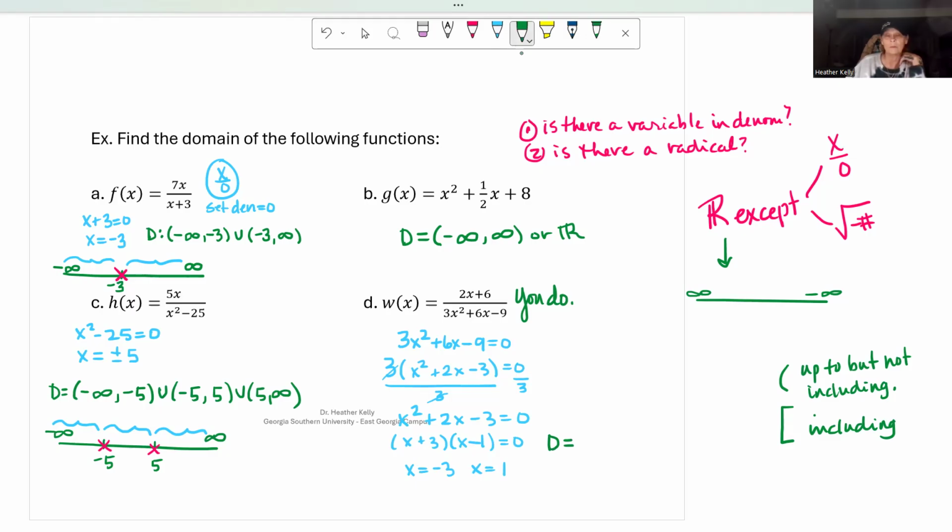And if you can just imagine looking over here at this number line, and we will replace this with negative 3 and with 1, we'll still get those 3 sections, and that's going to start at negative infinity to negative 3, union negative 3 to 1, union 1 to infinity.